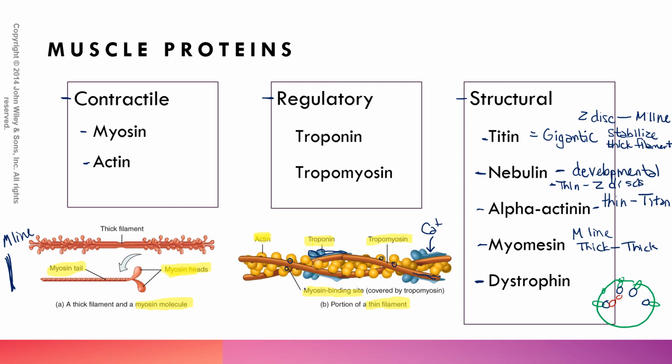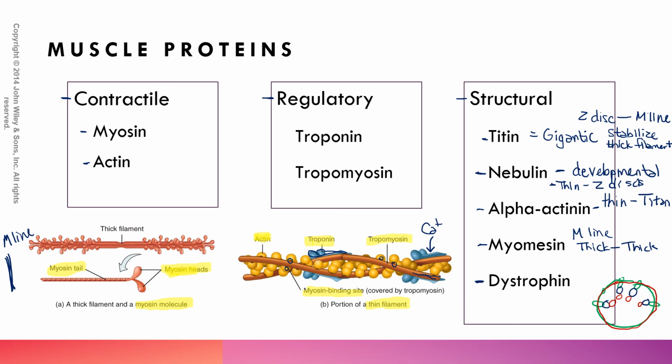Imagine these red are going to be the thin filaments that are actually going to be contracting in the muscle fiber. Essentially, dystrophin connects the sarcomere that's contracting within the muscle fiber to the sarcolemma. Remember, the sarcolemma is going to be the plasma membrane of a muscle cell. So this bit here is going to be the sarcolemma of the muscle fiber.